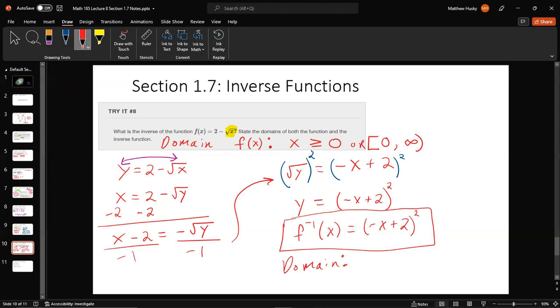So there are no limits on the domain because there's no square rooting happening and no division happening. So the domain for this is going to go from negative infinity to positive infinity. That's the domain of f inverse of x. So we have the domain of f of x and we have the domain of f inverse.